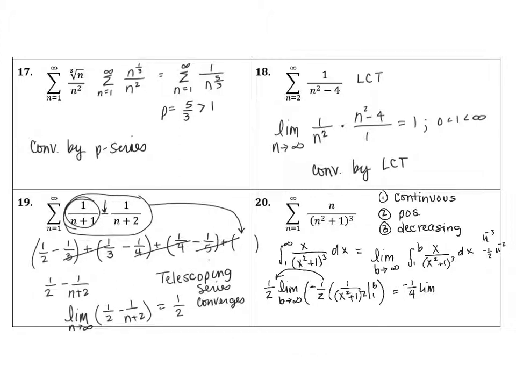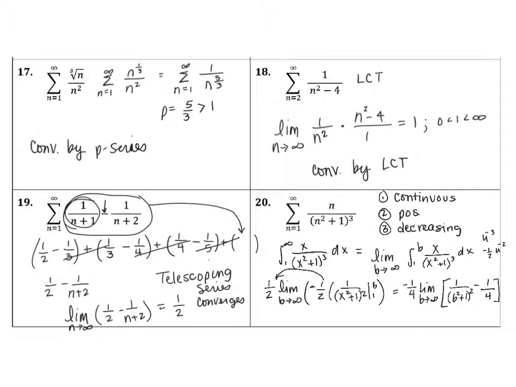As b approaches infinity, let's go ahead and evaluate our endpoints. I'm going to plug in b, so I'm going to have 1 over b squared plus 1 all squared, minus the bottom endpoint, 1 over, geez Louise, plug in 1 squared, so 2 squared, 4.